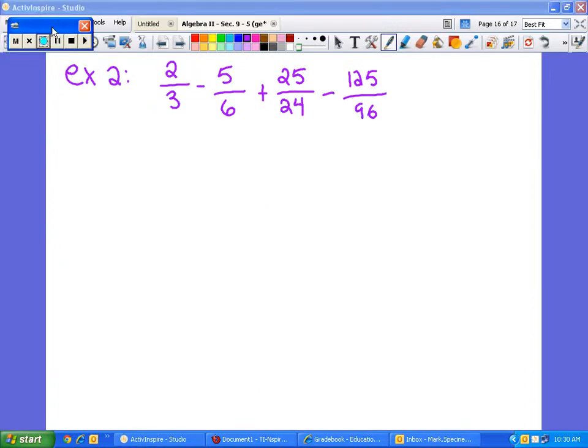Okay, here's example 2. 2/3 minus 5/6 plus 25/24 minus and so on. Okay, I'll give you a second.